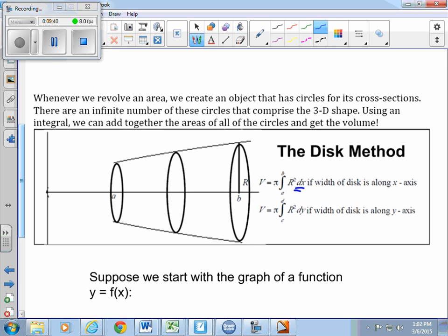Why would it be pi r squared? Area of circles. Nothing new, really. In fact, I hope you find out that today's not a whole lot of new stuff except setting up the problems, being able to revolve something around an axis. If you rotate around the y-axis or some vertical line, you get a dy. Your circles would then be perpendicular to the y-axis, creating a dy integral.